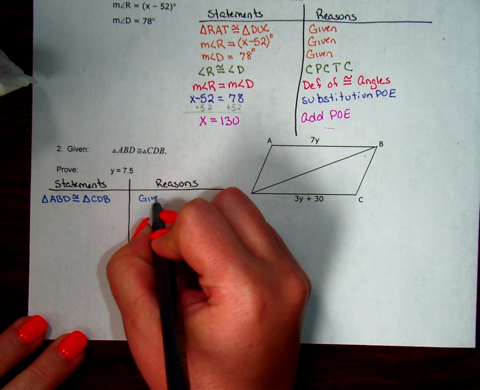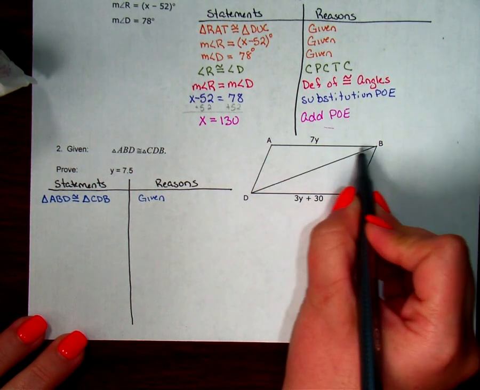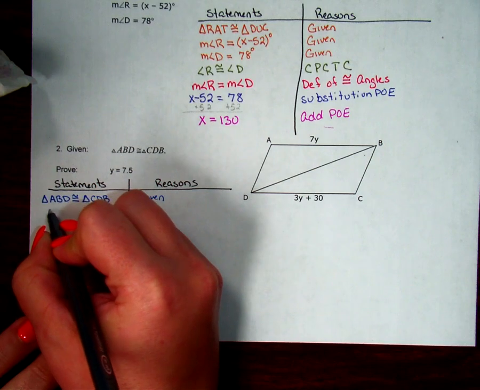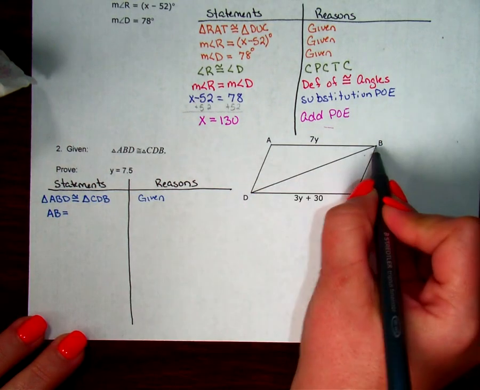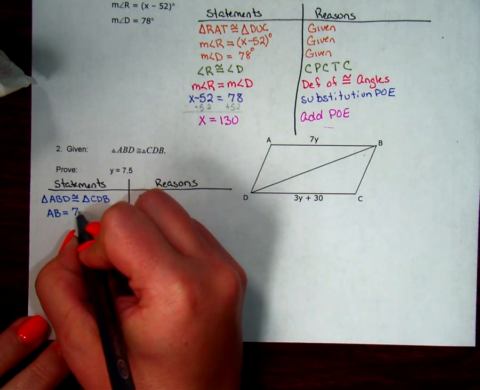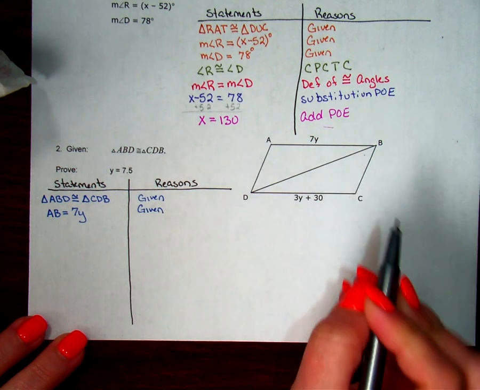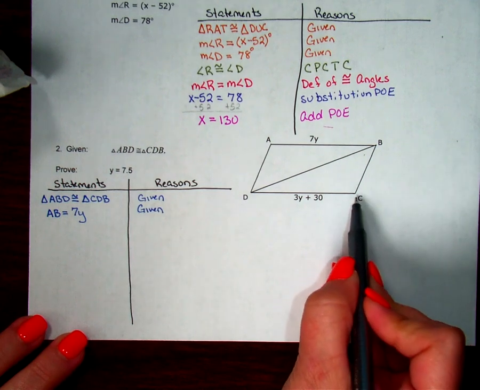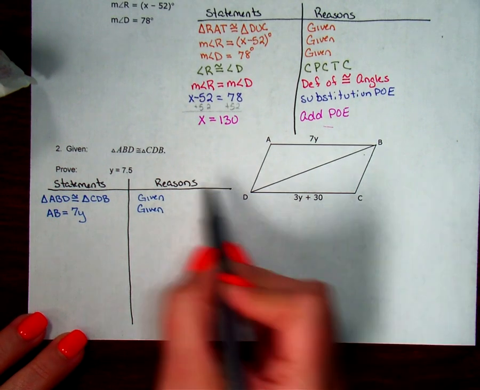Okay, then when I look at the picture, I can see that segment AB, the distance from A to B, is 7y. That's given to me by the picture. And then I can see that the distance from C to D is 3y plus 30. Notice I said C to D because I'm trying to think ahead.